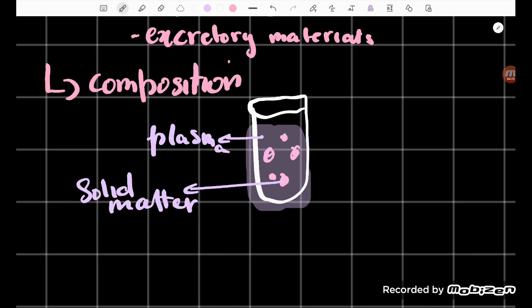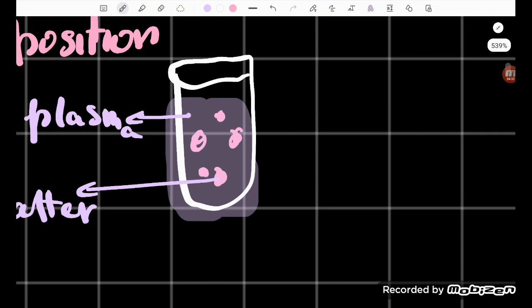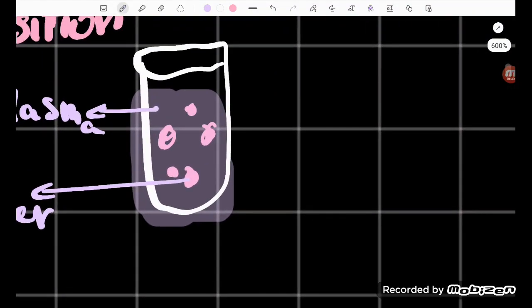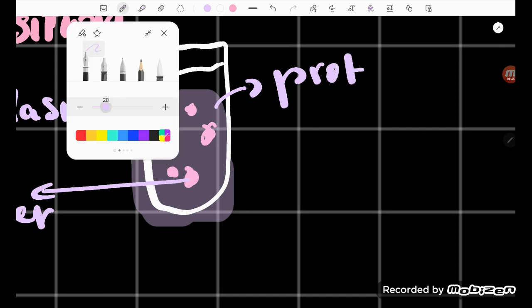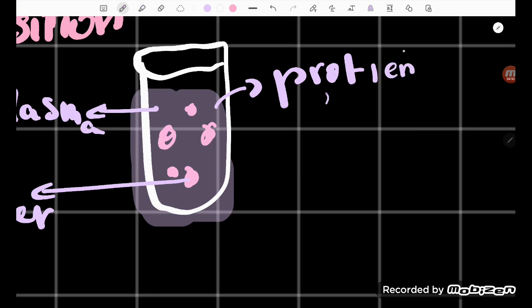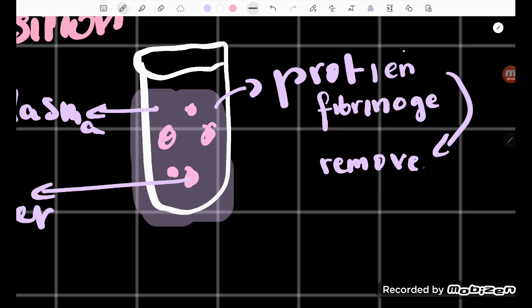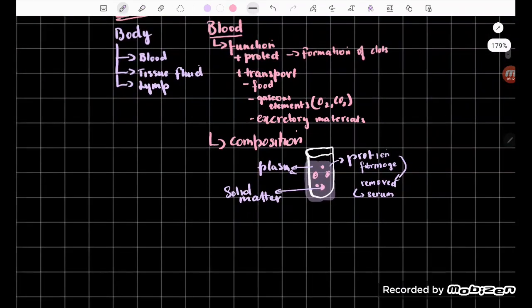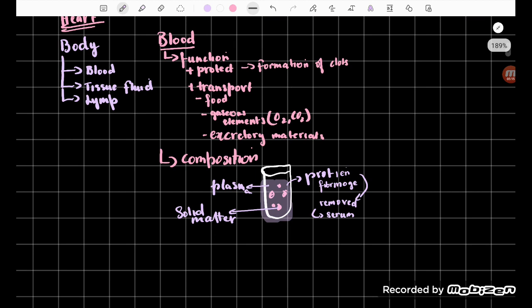The plasma contains substances like glucose, amino acids, fibrinogen, hormones, urea, etc. One thing you have to remember: if the protein fibrinogen is removed from the plasma, it will form something called serum. Hope that is clear. That is one of the important things.